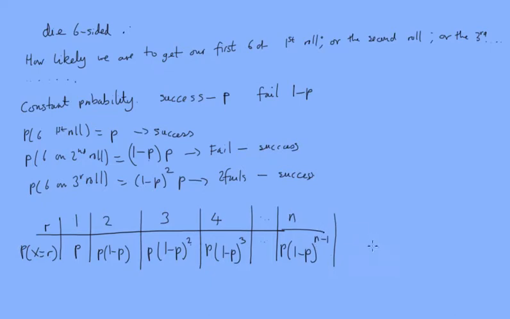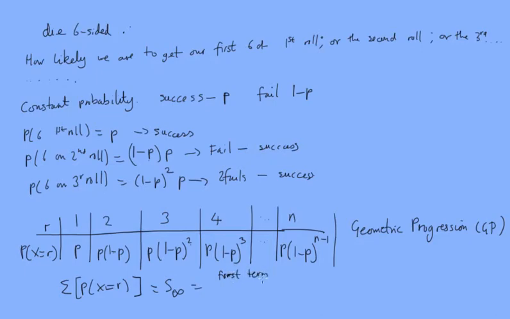Now what we have here should start to look familiar, because what we have built here is a geometric progression, where the probability is constant and the common ratio is 1 minus P. If we were to sum all the probabilities to infinity, using the rules for geometric progression, the sum to infinity is the first term over 1 minus the common ratio.